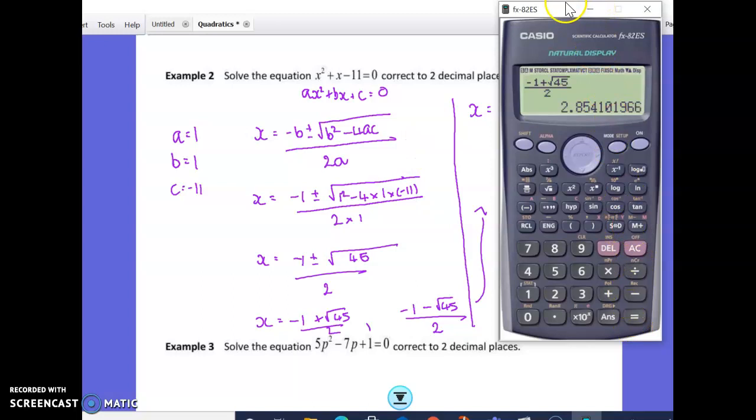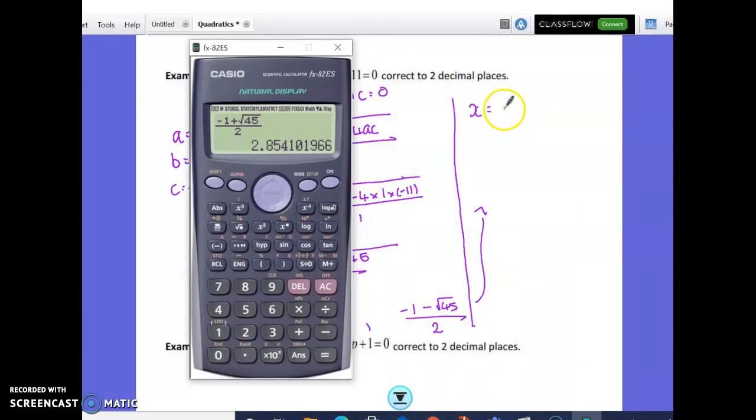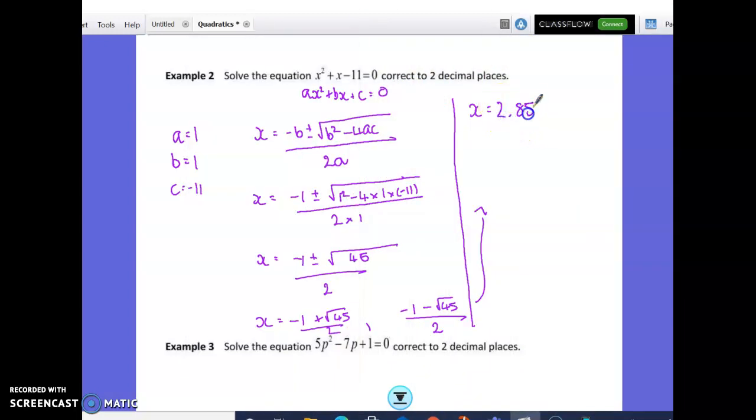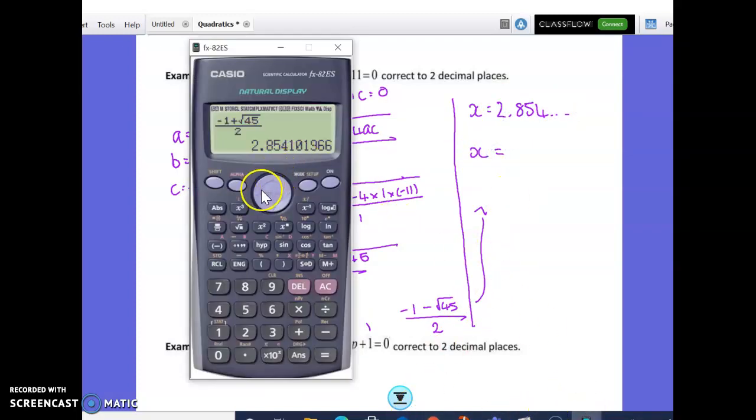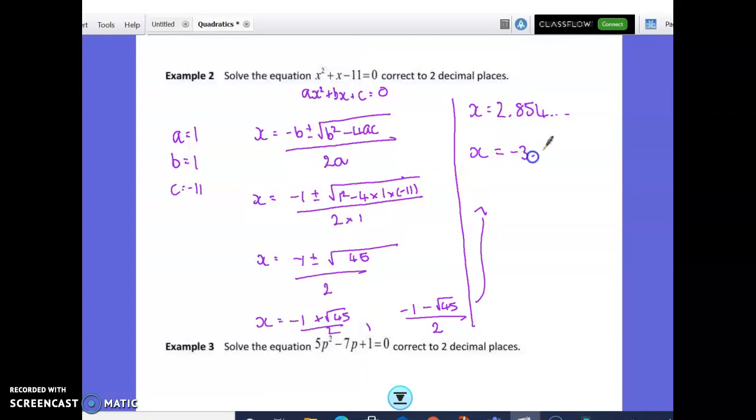Comes out as 2.854 and so on. My second answer. Make that positive into a negative. Get minus 3.854 and so on.